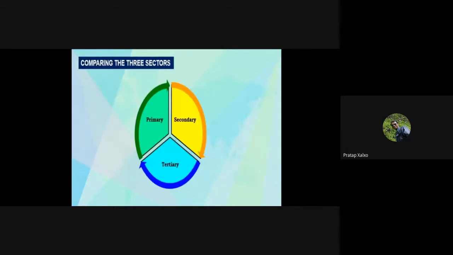Now, let us compare the three sectors with each other. On one hand, we have primary sector, there we practice agriculture and produce many agricultural products. Then it is mines, which gives minerals, fishing, which gives us fish, and again forestry, which gives us timber.